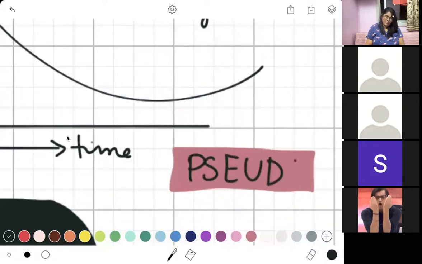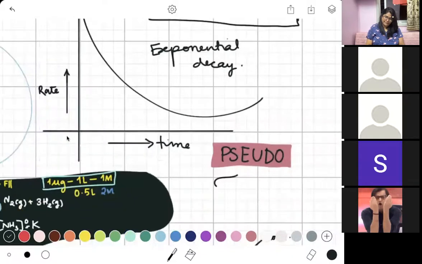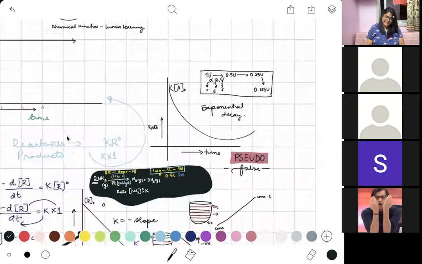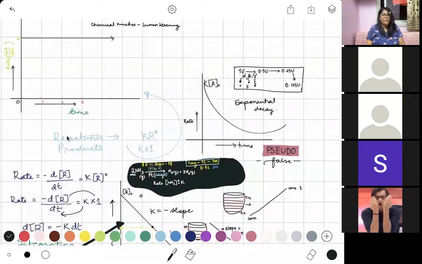Pseudo means false. If you took biology till 10th standard, you know pseudopodia means false feet. Pseudo first order reaction, false first order reaction.